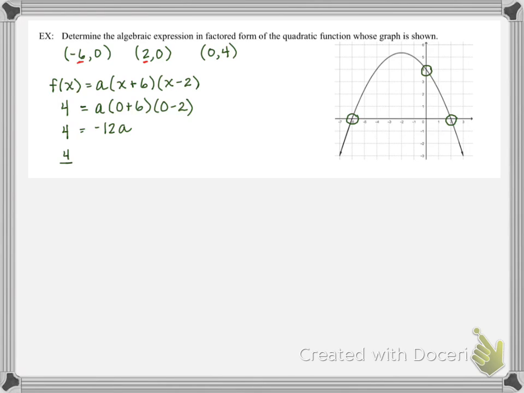And so 4 over negative 12 equals a, which simplifies to what, Nikki? Good. So f of x equals negative 1/3 times x plus 6 times x minus 2.